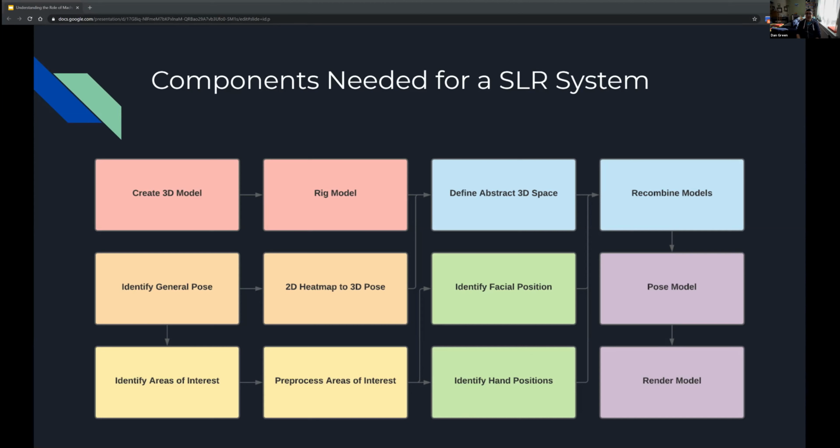The blue boxes are about outputting that into a useful abstract data form. So something that is independent from the input video. It's not based on the size of the input video frame, or even necessarily the proportions or size of the signer, but something that's that little bit more abstract, so that it can either be exported to another system or represented on our model.